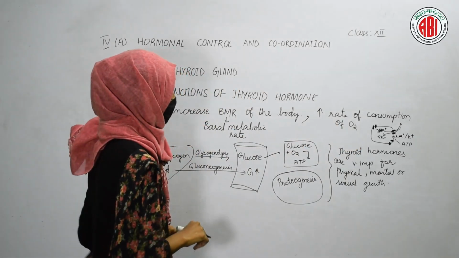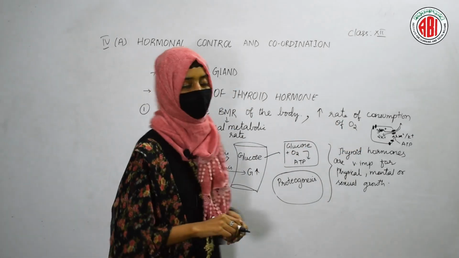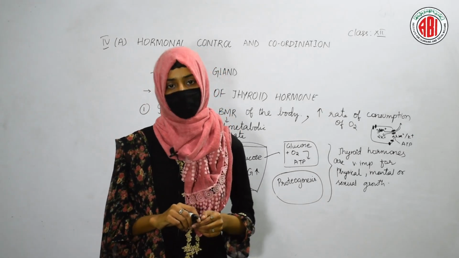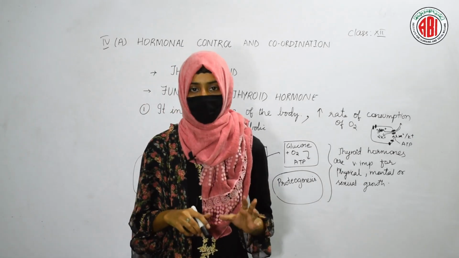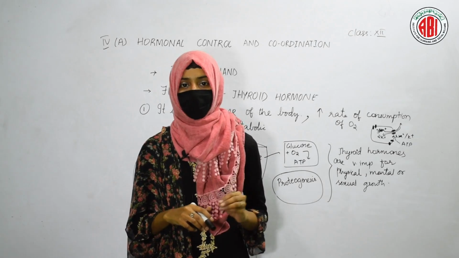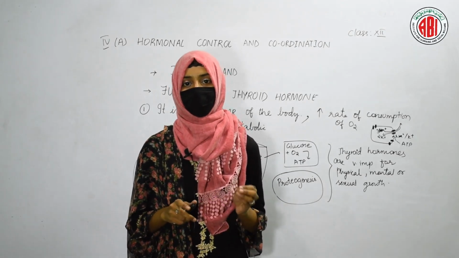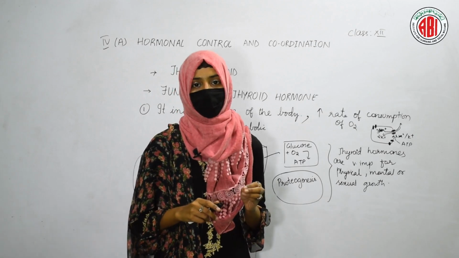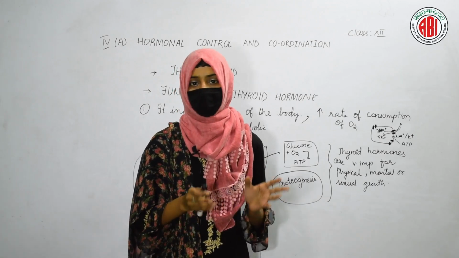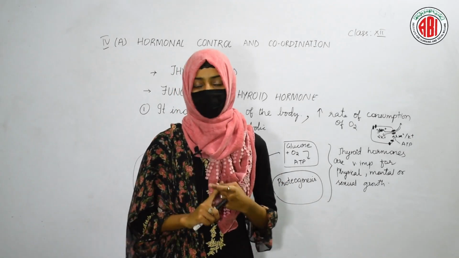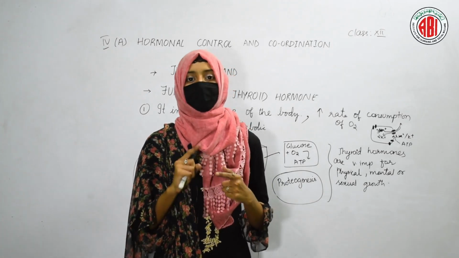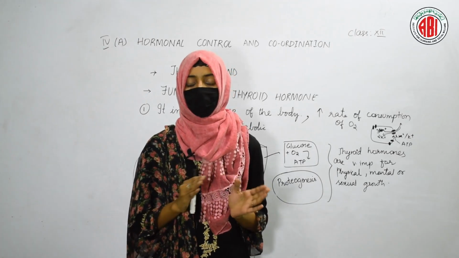The next one is, thyroid hormones are very important for our physical, mental and sexual growth. For example, the growing baby needs the thyroid hormone for its proper growth. Growth can be inhibited if the proper formation of thyroid hormone is inhibited in the body of a mother. In the body of a mother, thyroid hormone should be regulated properly.